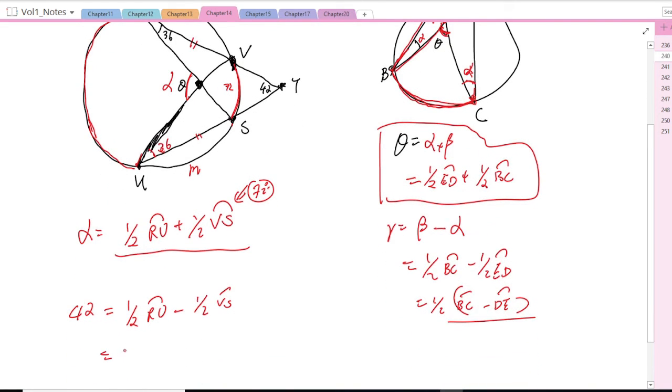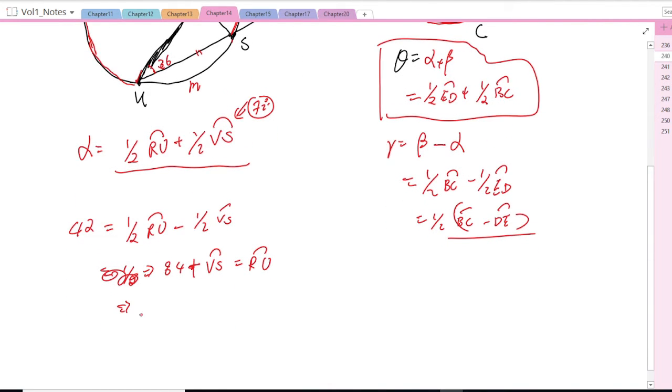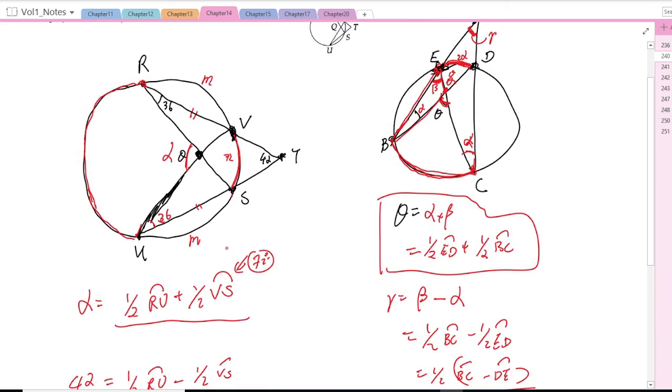So we can get 84 is equal to the arc RU minus the arc VS, so the arc RU is equal to 84 plus the VS, which is 72. So this is 156 degrees. Okay, so the RU is 156.